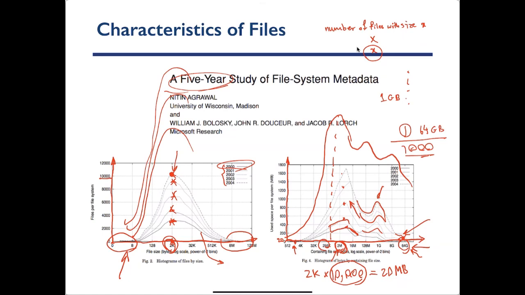Now, what both of these experiments show us is that small files are very common, both in terms of the number of files that are small, and also the amount of storage that they occupy. So most of our storage goes to small files, and most of our files are small files, so both ways.